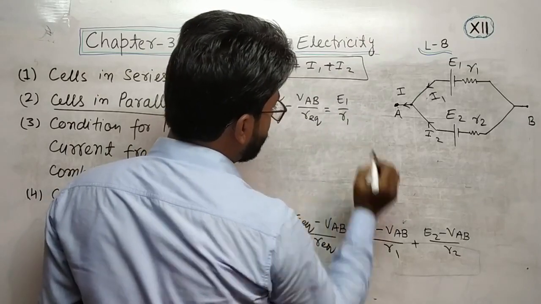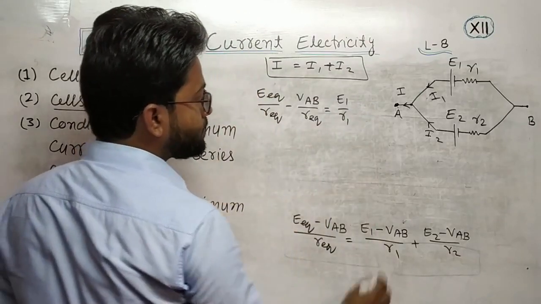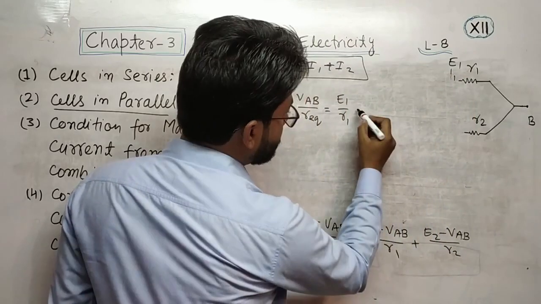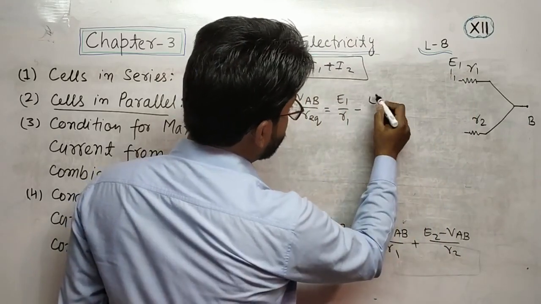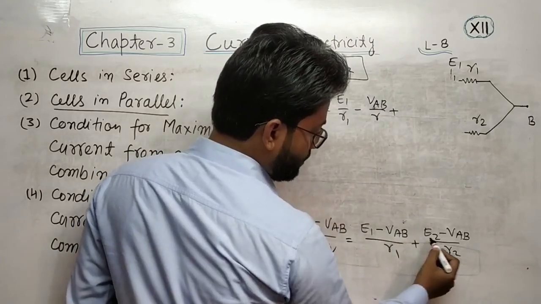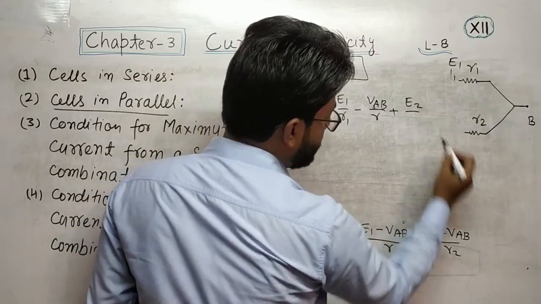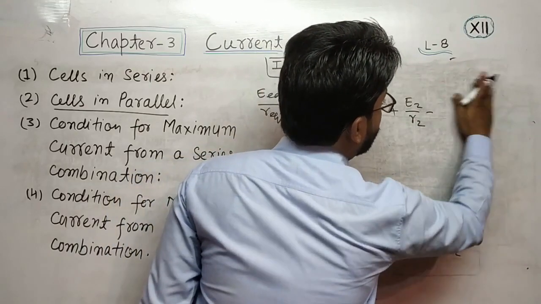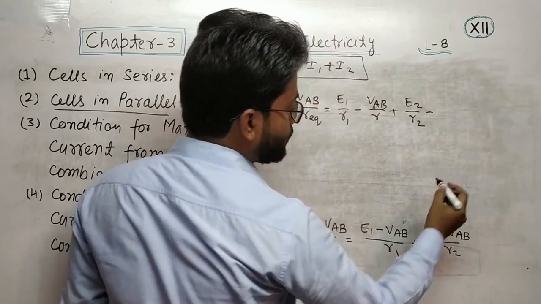E1 upon R1 minus V AB upon R1, plus E2 upon R2 minus V AB upon R2.